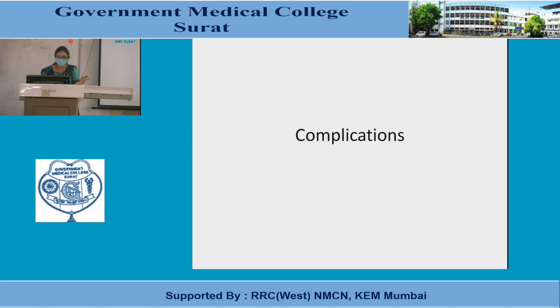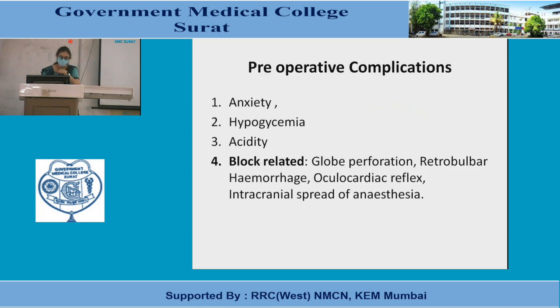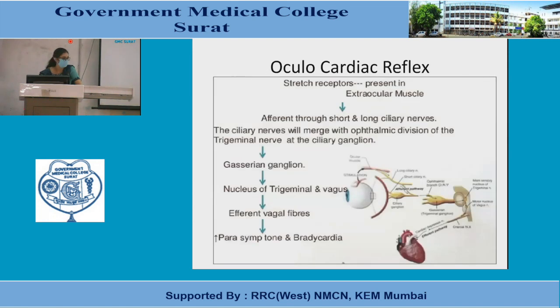Just going through the complications. These are a few usually expected pre-operative complications. The most common or most threatening are block-related complications like retrobulbar hemorrhage, globe perforation, or oculocardiac reflex. You have to know what the afferent and the efferent of the oculocardiac reflex are.